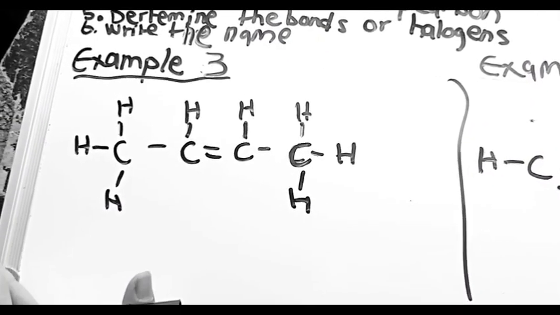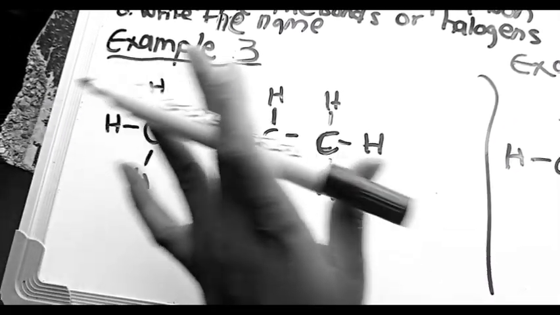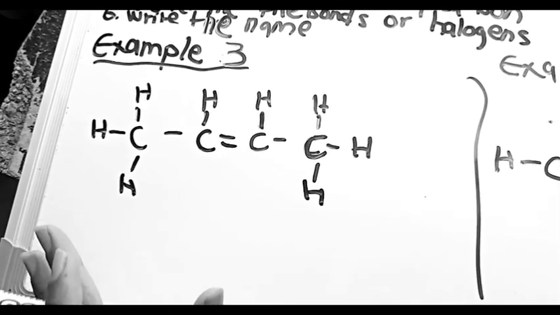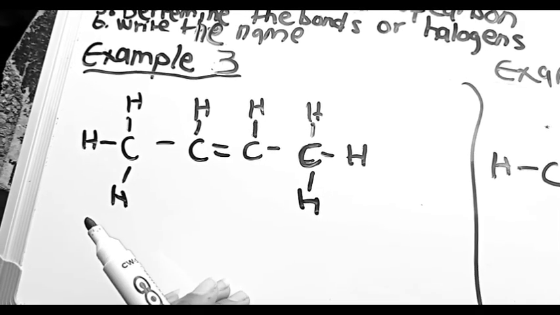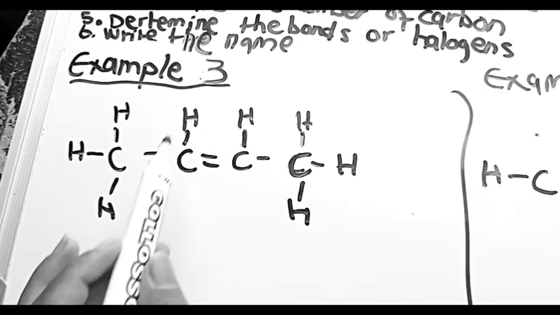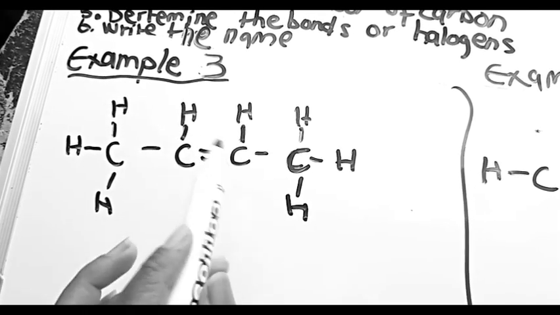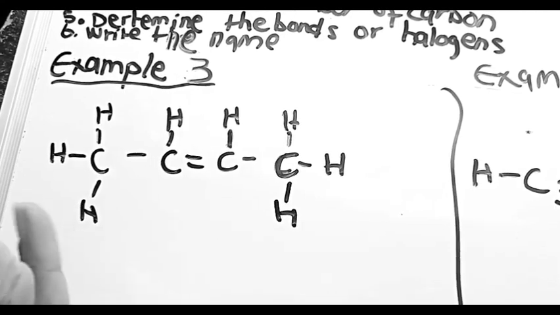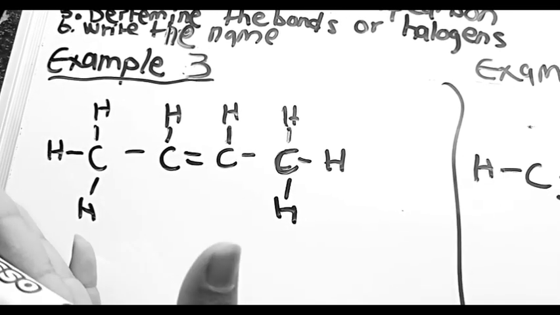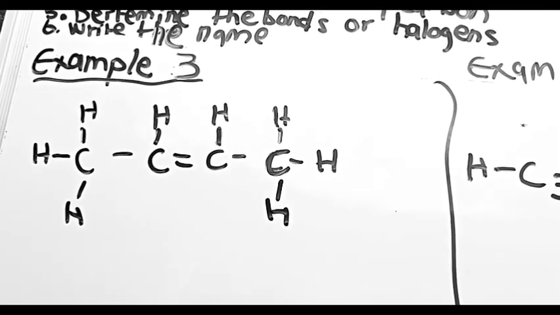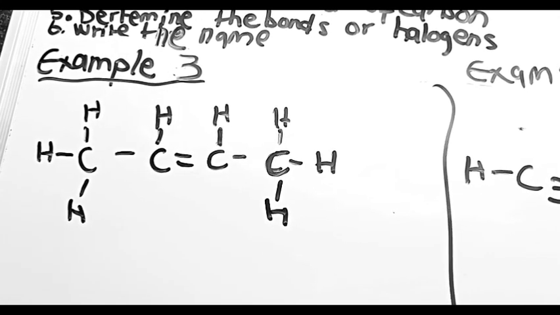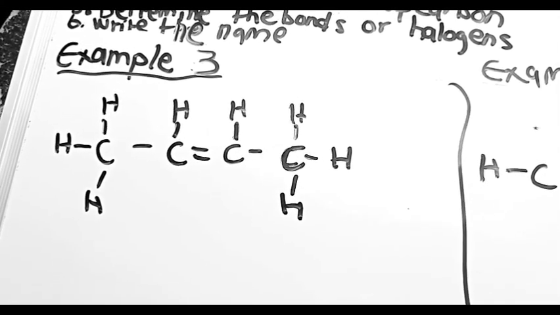So we have the third example. This is a structural formula. By just taking a look at this structural formula, you can see that we have a double bond. So it can tell you something about where it belongs to, which family it belongs to, right? So you're going to go through the steps. You have to find the longest main chain.